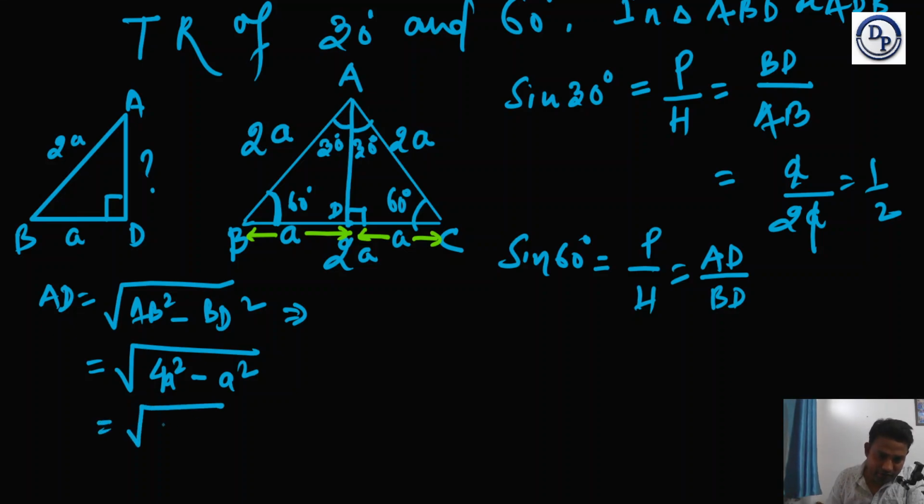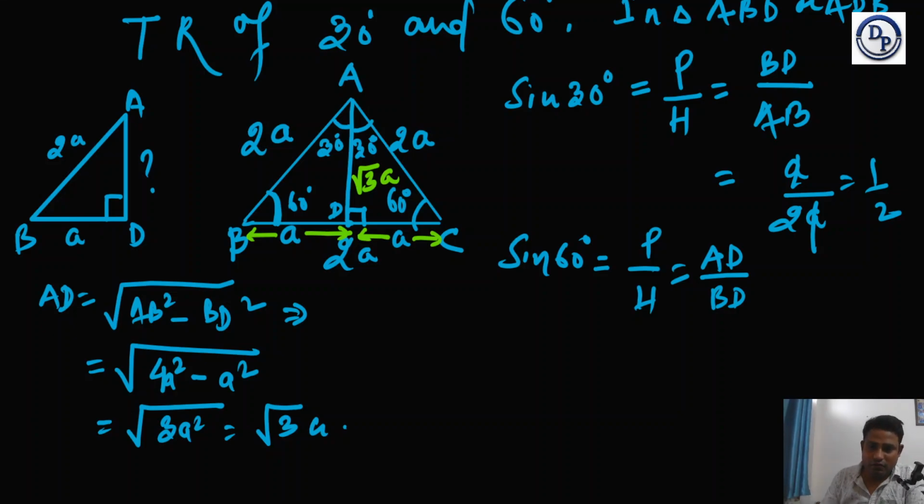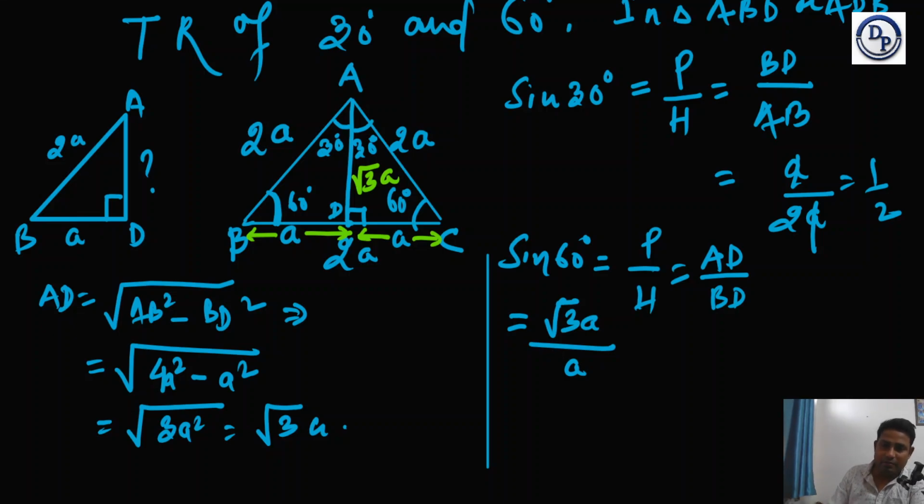We get 3A square, that is root 3 A. So this side becomes root 3 A. Okay, now put the value here. Now here AD is root 3 A and BD is already A. I am making a mistake. So this is not right, that is a mistake.